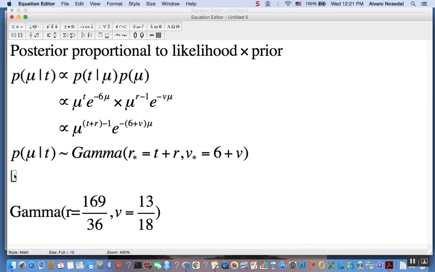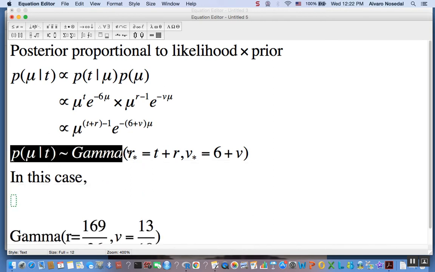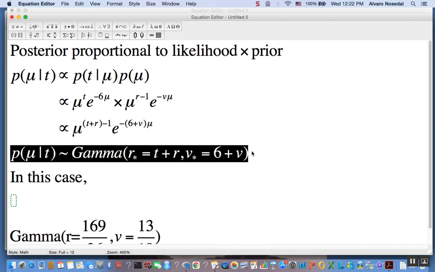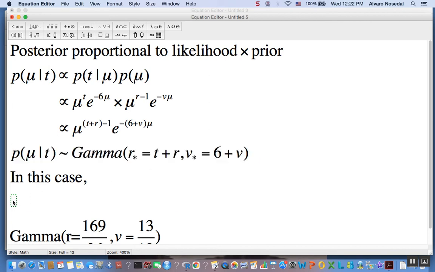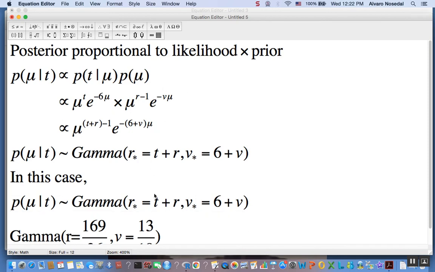And just say in this case, our posterior distribution has an r star, which is going to be given by the sum.